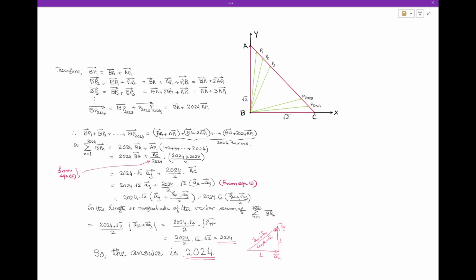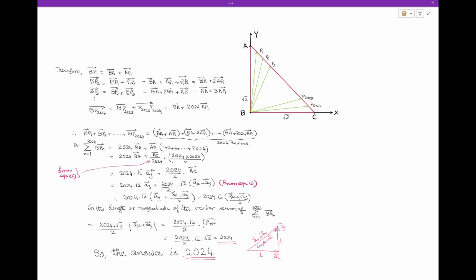Similarly, vector BP3 will be BP2 plus P2P3, and BP2 we have found out here, and putting that value, it will become vector BA plus 2 times vector AP1 plus vector AP1, that is equal to BA plus 3 times vector AP1.